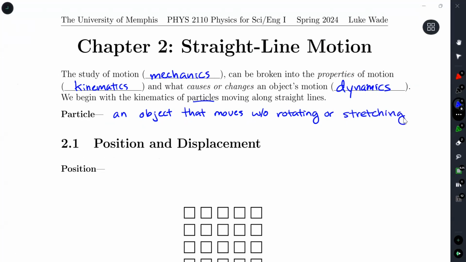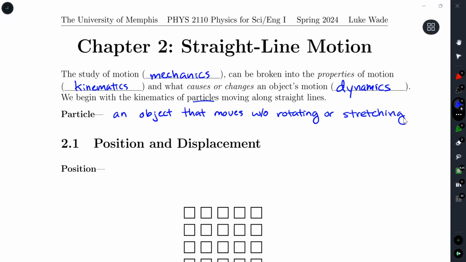So a car is more or less a particle if you ignore the fact that the tires are rotating. We can be treated as a particle if we're not too concerned about what our individual limbs are doing, if we're just concerned about our effective motion. Really, we'll get to this later, but we're talking about the motion of our center of mass.